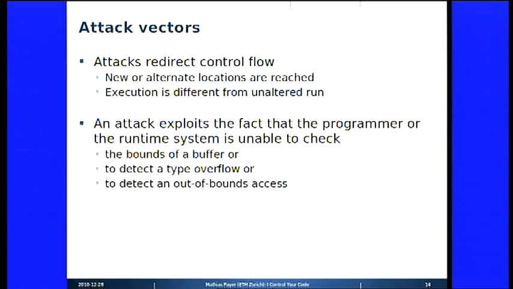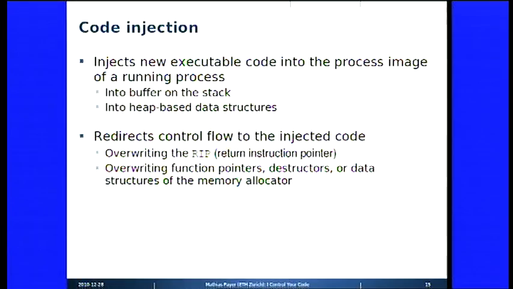Every attack exploits the fact that the programmer or the runtime system was unable to check specific facts and specific factors. These facts can be the bounds of a buffer, type overflows, type underflows, or any out-of-bound memory access or memory write.